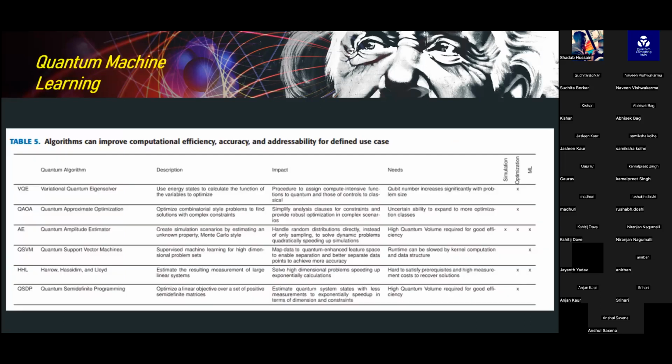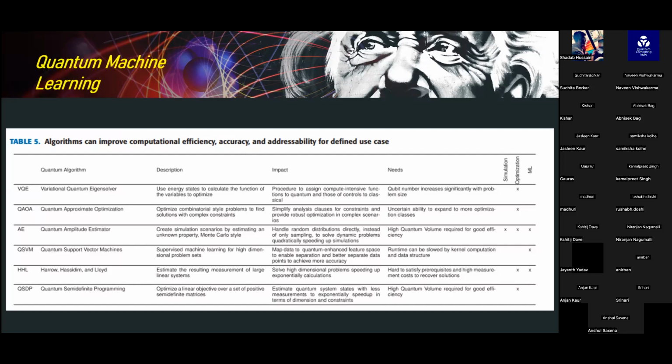These are the various algorithms which can potentially replace your current GANs and variational encoders. We are looking at variational quantum eigensolvers.